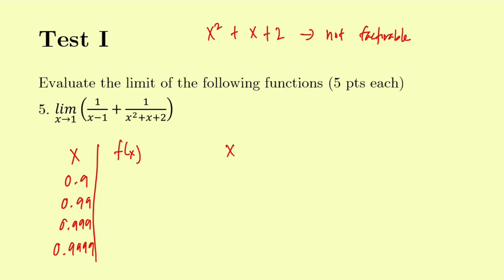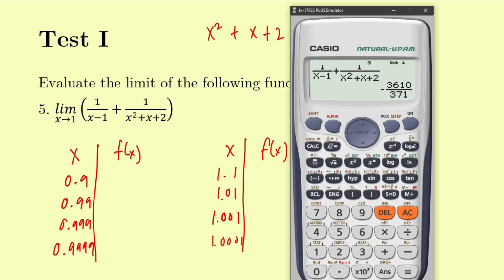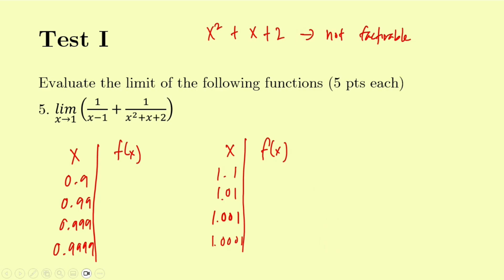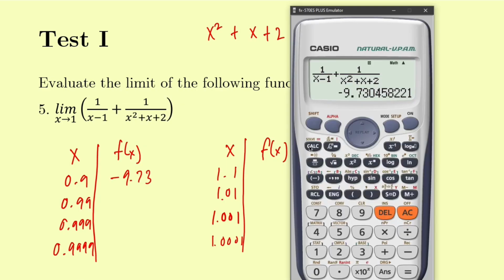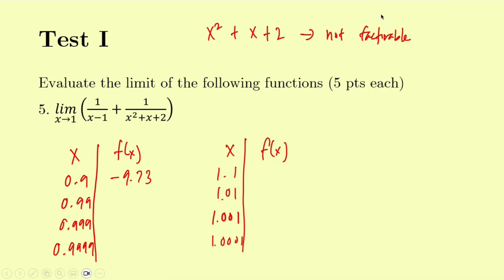And then let's try another one here. From the right side, 1.1, 1.01, 1.001, 1.0001. Okay, that's equal to negative 9.73. Negative 99.75.